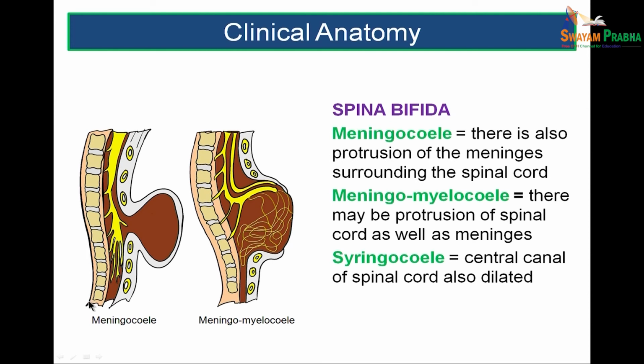In a meningocele, there is bony defect and the meninges bulge out of the defect covered by skin. There is no defect in the spinal cord. In meningomyelocele, the spinal cord also lies in the bulging meninges. The last type is a syringocele, where the central canal of the spinal cord is also enlarged.